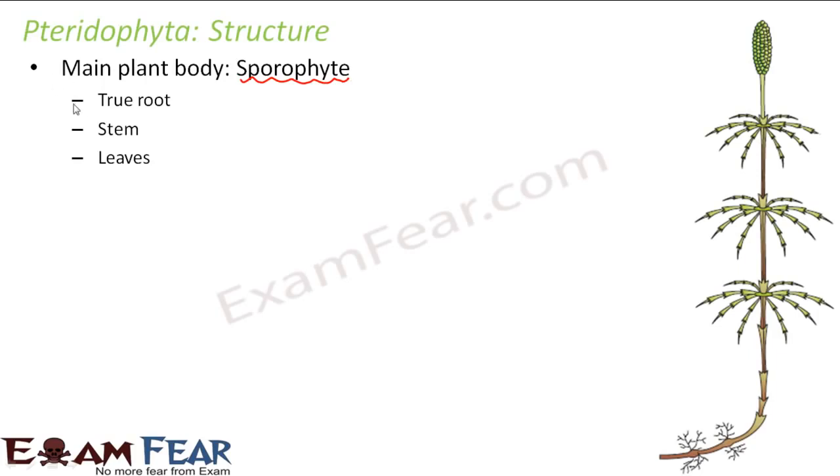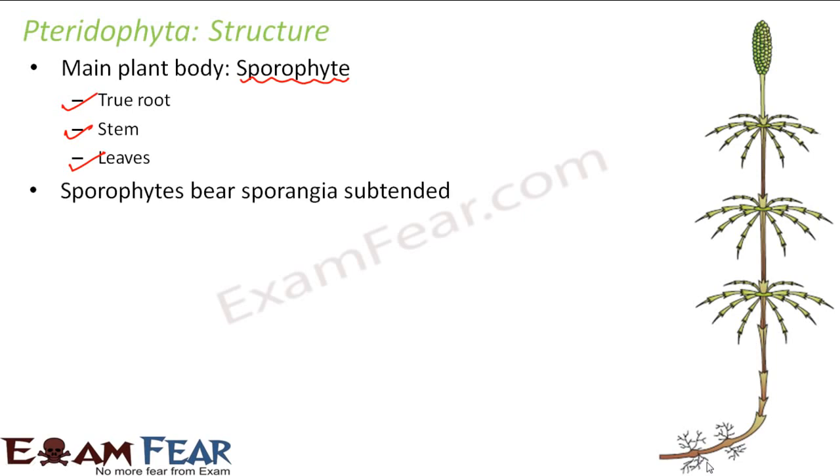Talking about the plant body, it has true root, stem and leaves. Here you can see the leaves, the stem and the roots. Sporophytes bear sporangia subtended by leaf-like appendages called sporophylls. Here you can see some leaf-like structures.